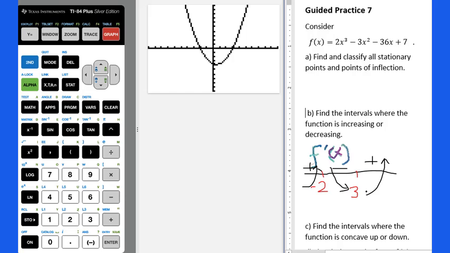And also you can figure out that this 3 is a minimum point. And this -2 is a maximum point.